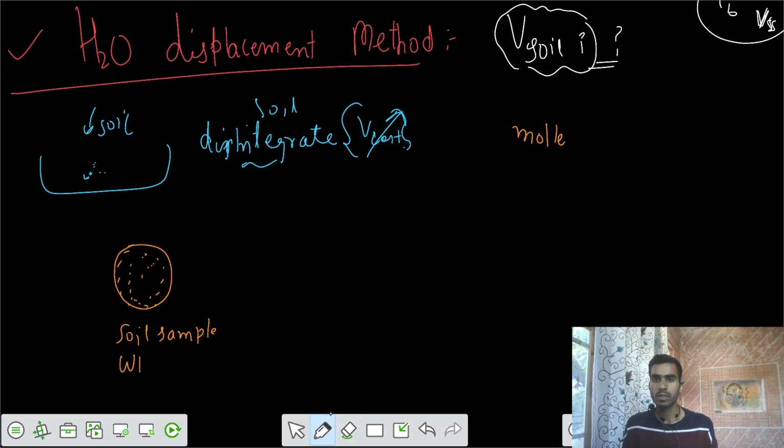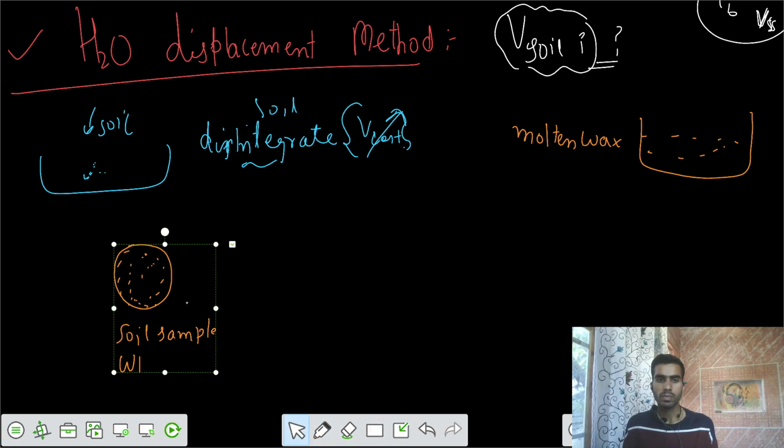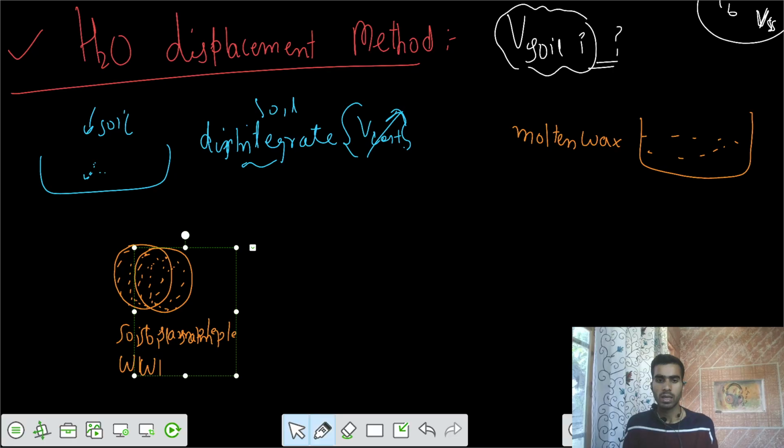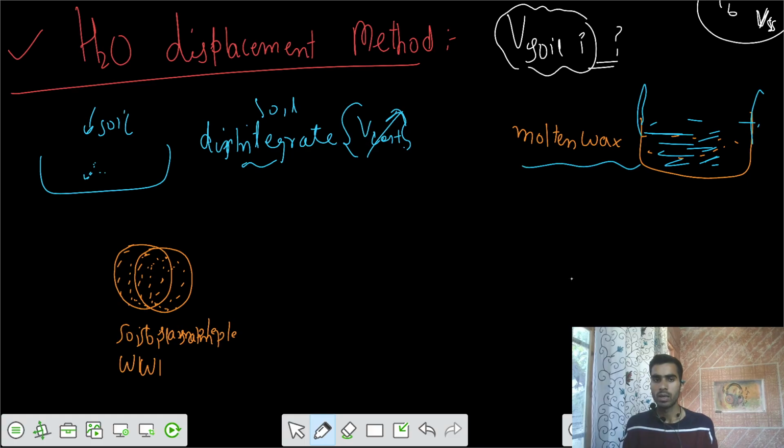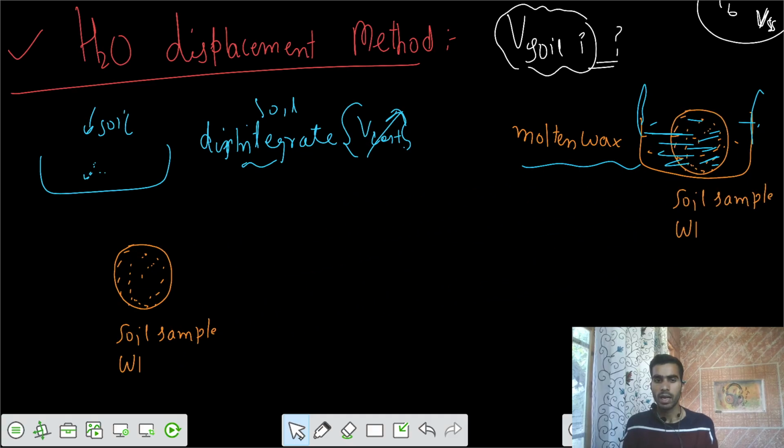Let's say there is some molten wax here, and we are going to dip this one inside that. Based on that, the final configuration of that specimen would now be in this way.